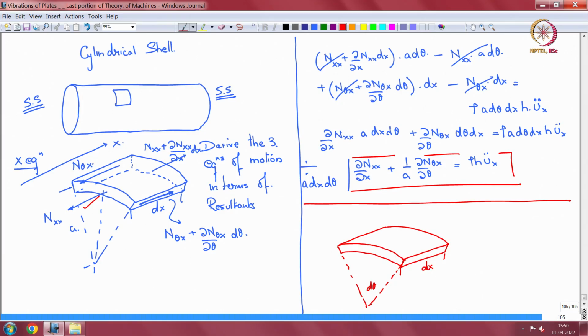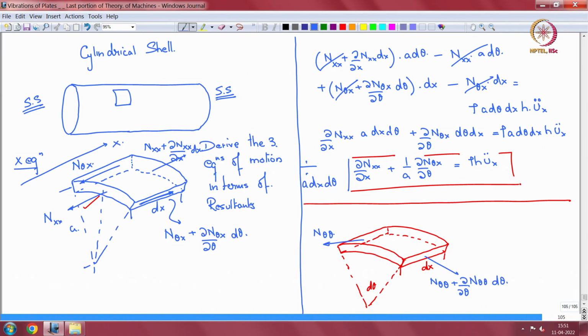Then for the theta direction, I have n_theta theta. On the negative side, I have n_theta theta, and on the other side, n_theta theta plus del by del theta of n_theta theta d theta.